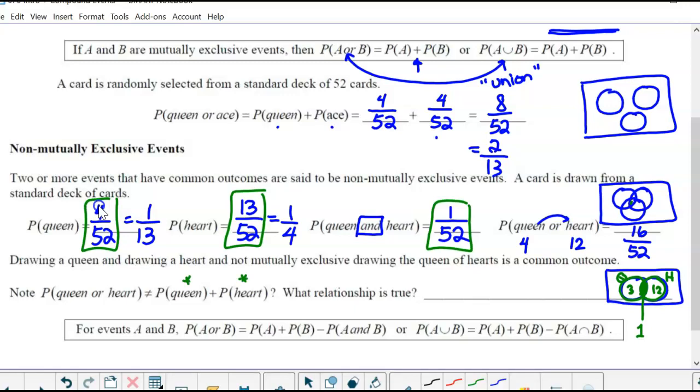So it's equal to the probability of a queen plus the probability of a heart minus the probability of queen and hearts, which is the intersect symbol, and that really means and. Okay.